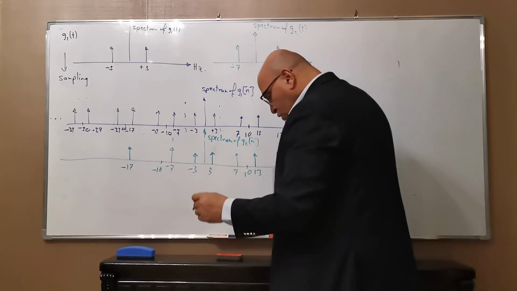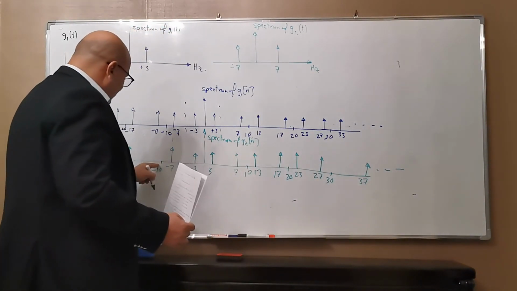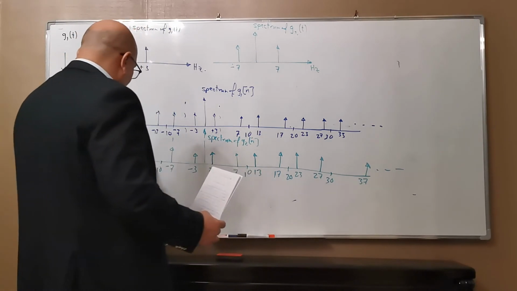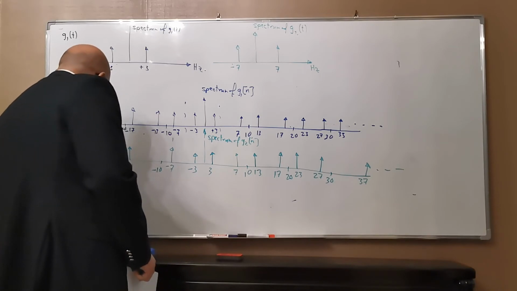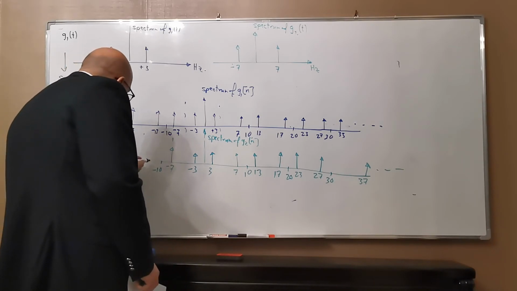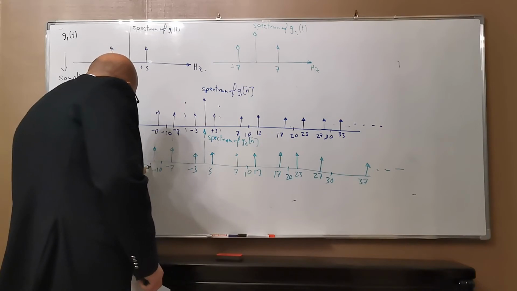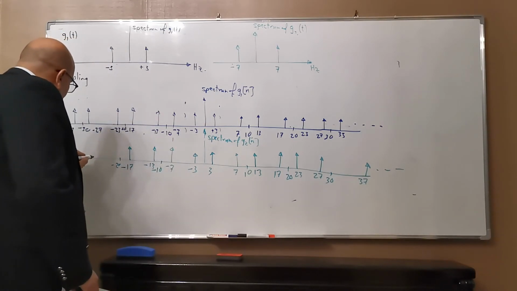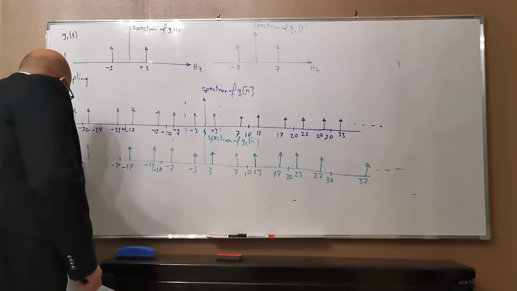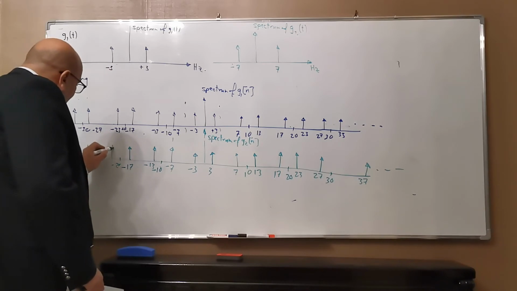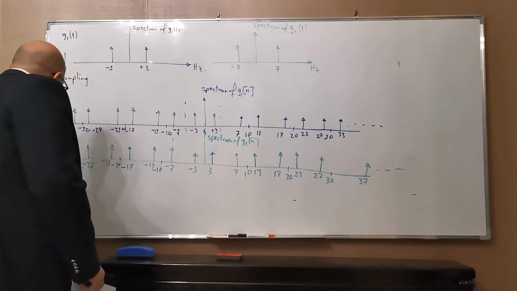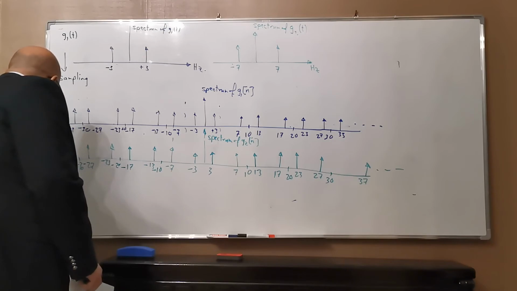Now you go down, -10, you have those two, -20. So you go down, you are at -13. You go up, you are at -27. If you go to -30, then you are at -23 and at -37, somewhere here.